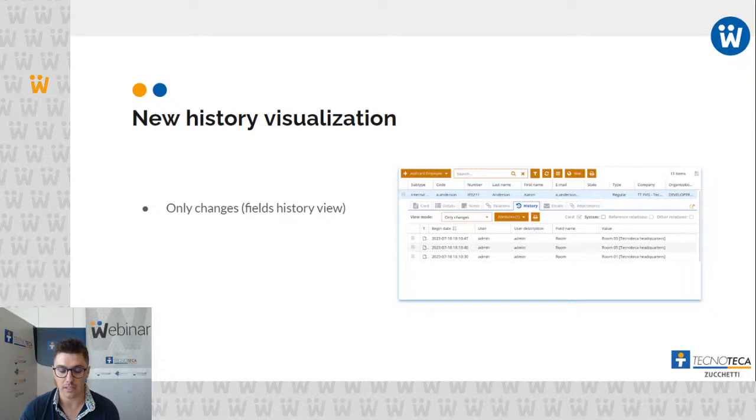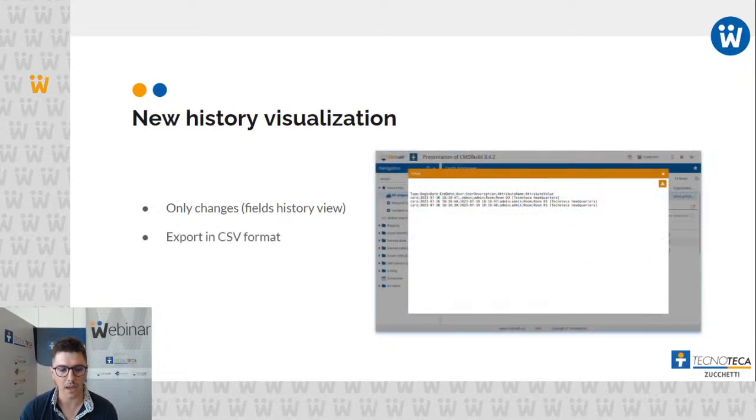In this mode, they can see only the changes made in that card, not the full card with the old data. And we have also added an export in CSV format, so users can download the history if they need to and view it in CSV format.